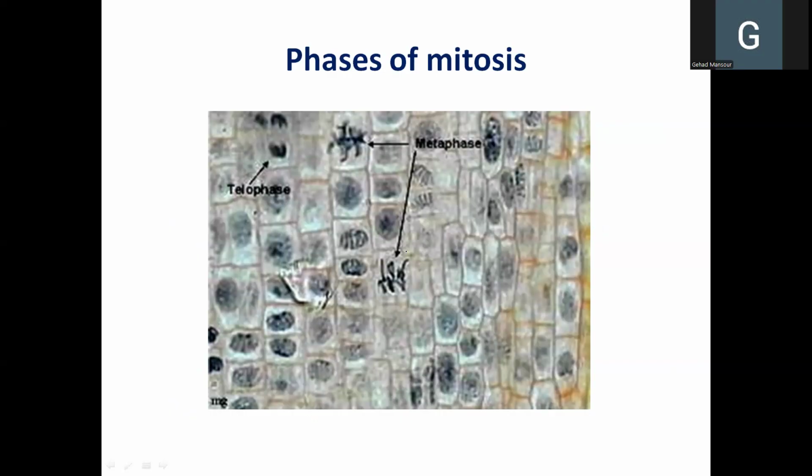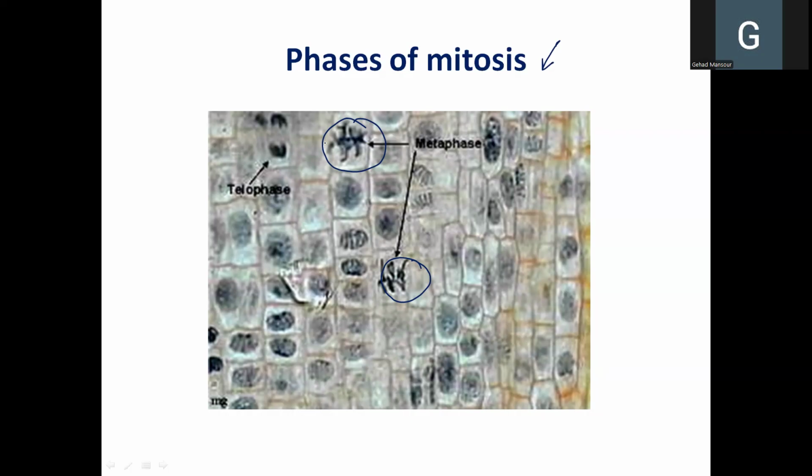Of course, here we still have metaphase, but of course, this is not late. This is metaphase, yes, of course, because the chromosomes are along the equator here. We have different phases of mitosis together. I'm sorry, so this slide shows you the different phases of mitosis together.